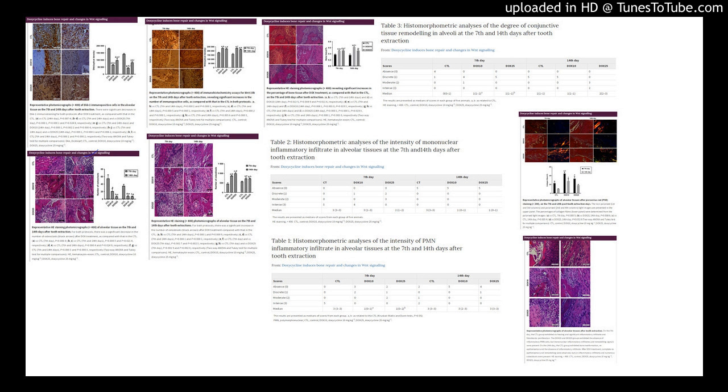Two-way ANOVA and Tukey test for multiple comparisons. CTL, control; DOX10, doxycycline 10 mg·kg-1; DOX25, doxycycline 25 mg·kg-1. Full-size image.